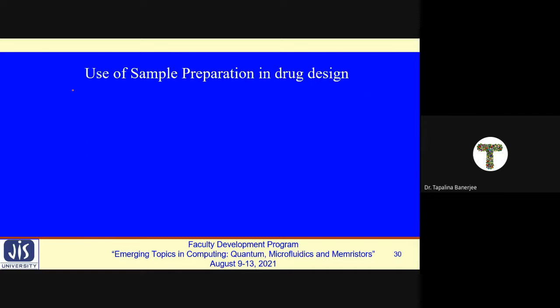Let's have a look at the use of sample preparation in drug design. Dilution gradients play an important role in the determination of the minimum amount of an antibiotic that inhibits the visible growth of a bacterial isolate.